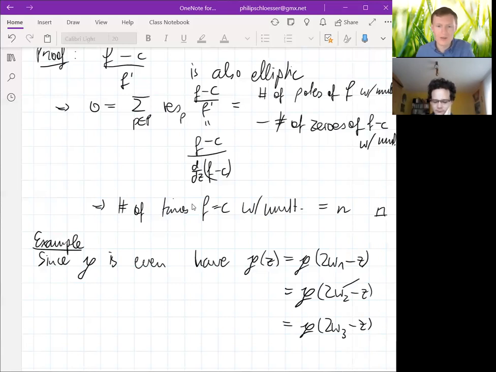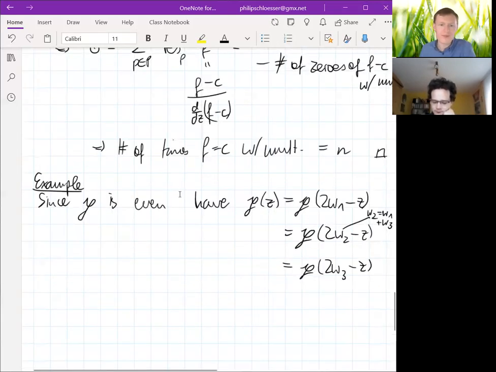Note that I defined omega2 as omega1 plus omega3. Anyway, so we know that those two are equal.